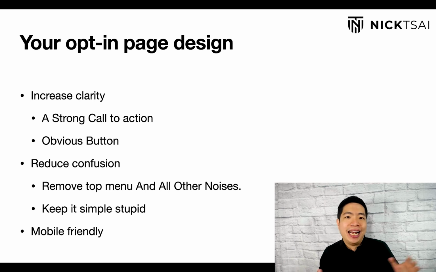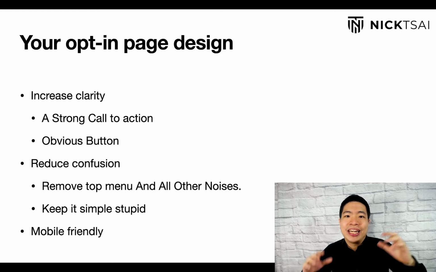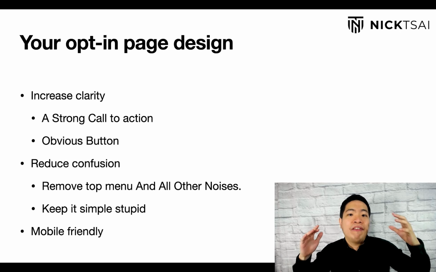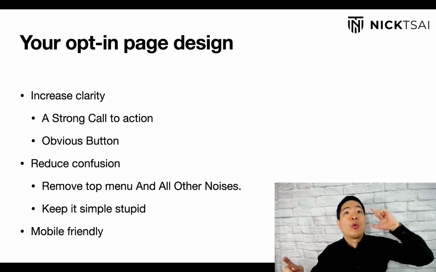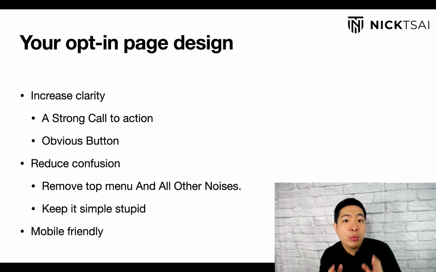So what do I mean by that? Sometimes people like to put a big logo here. They like to put the menu bar there, right? So guess what? It creates lots of confusion because people don't know which link they should click. So the best practice is to make your call to action clear.